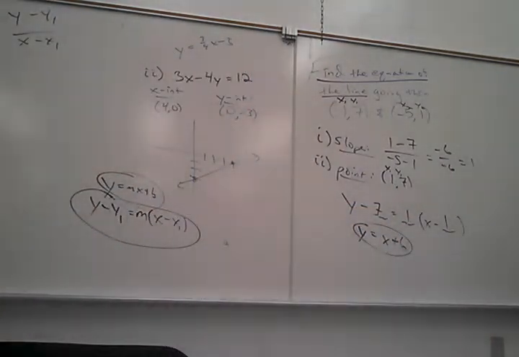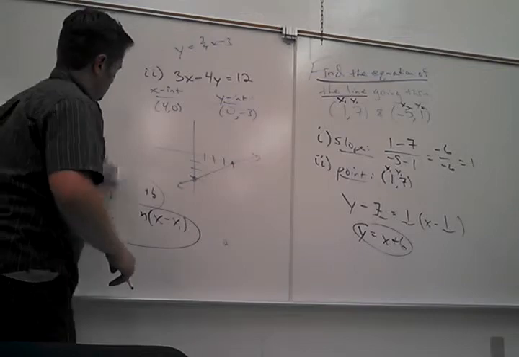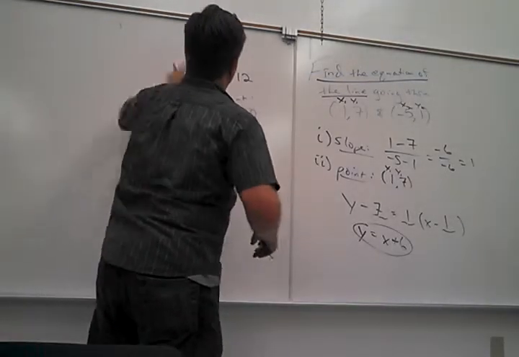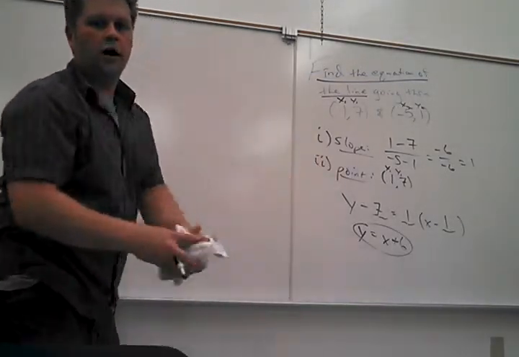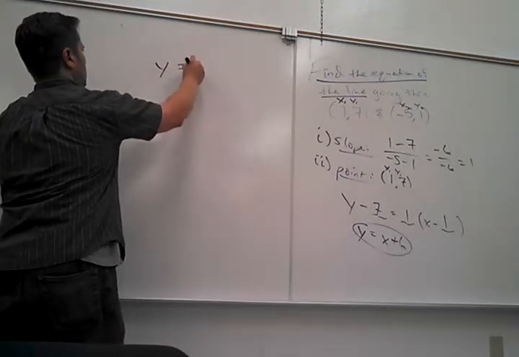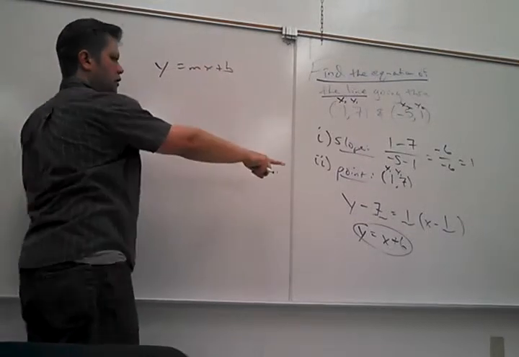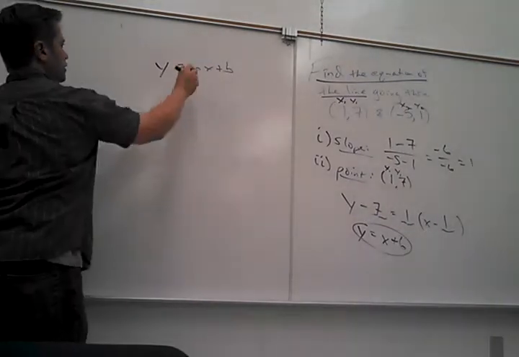Can I use this equation Y equals M? All right, so let me show you how to use that. In this problem, it doesn't seem like you could, but let me show you how to use this equation for this. So we know the slope is 1.